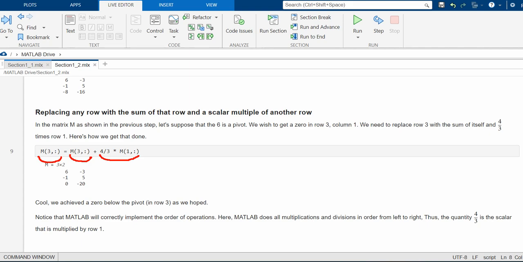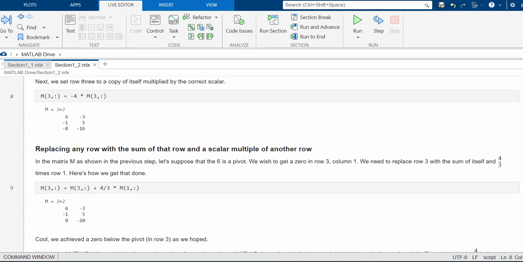Well, I did 4/3 because if I want to go up here, let me get rid of the ink and go up, right? I'm doing this because what if 6 was a pivot and I wanted to get a 0 in the third row in the pivot column? What would I need to do? Well, think about it.